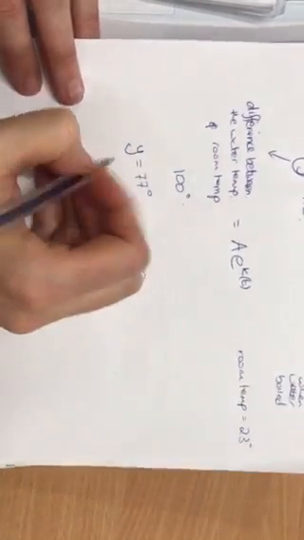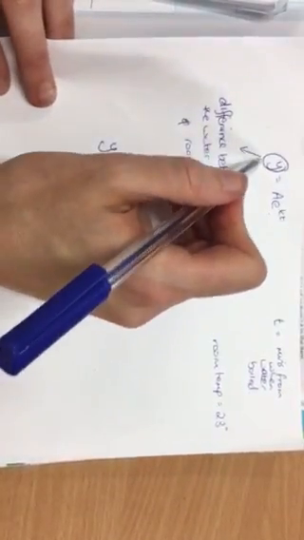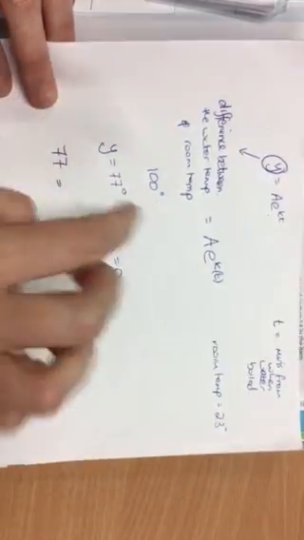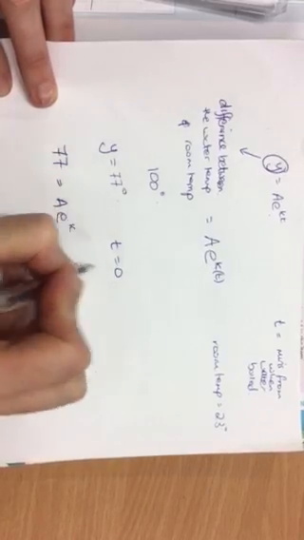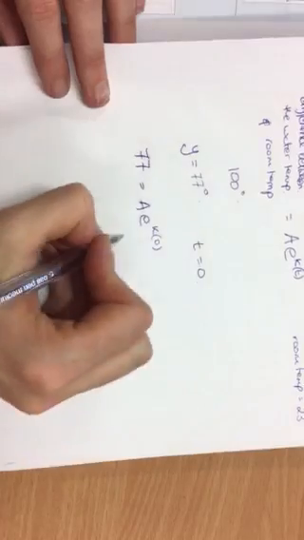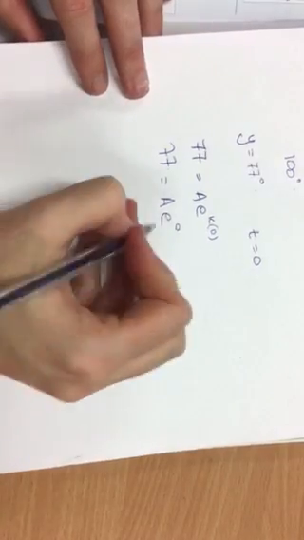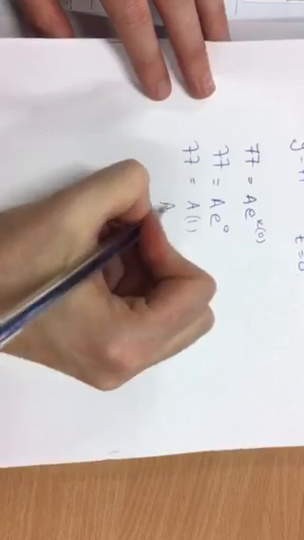So now I can start filling in stuff. In my formula, 77 is equal to A times E to the power of K times 0, since T is 0. K times 0 is 0, and E to the power of 0 is 1, which means that A is 77.